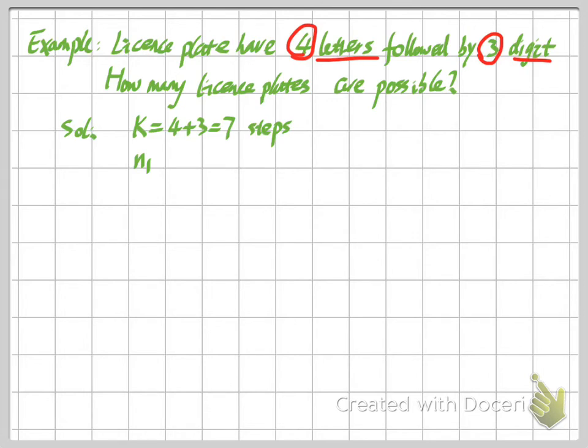Because of this difference, for the first 4 steps, N1 until N4 is equal to 26. We have 26 ways or choices to finish this.